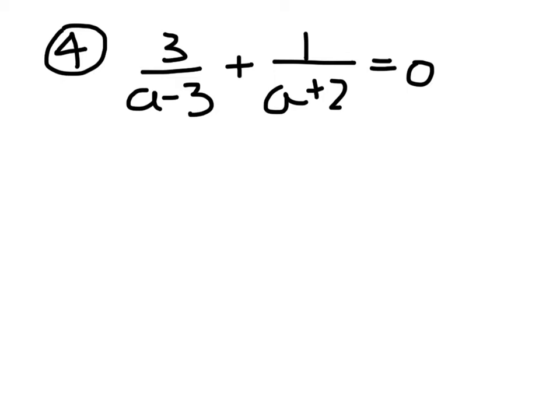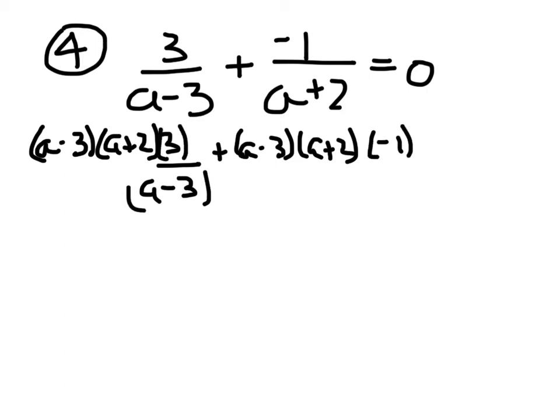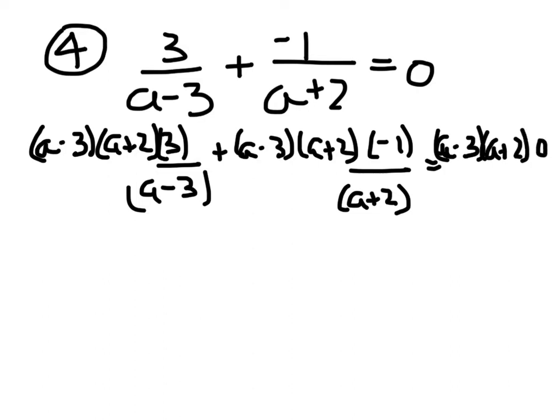I'm also going to go ahead and add the opposite, and then I'm going to multiply a minus 3 and a plus 2 by the first term, then the a minus 3 and the a plus 2 by the second term, and lastly the a minus 3 and the a plus 2 by the last term.